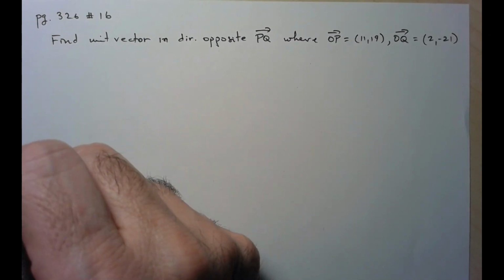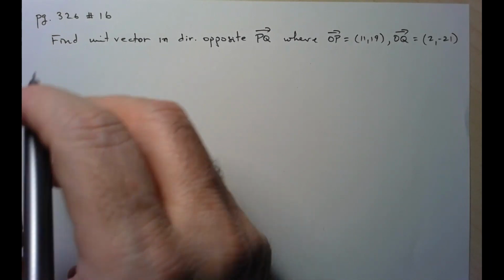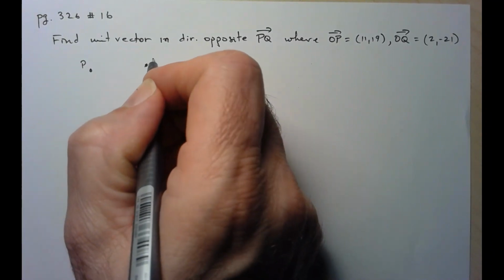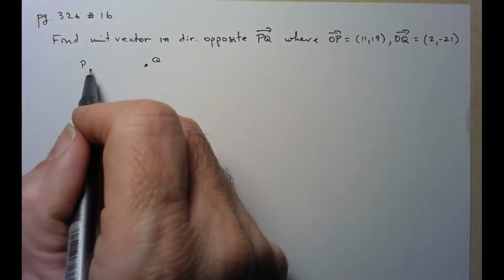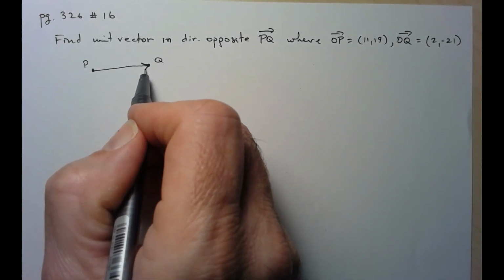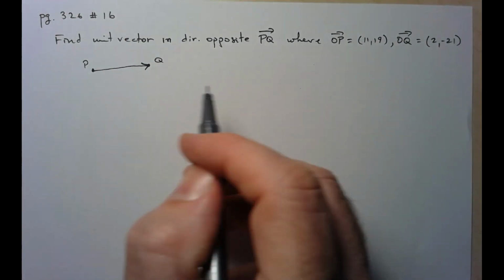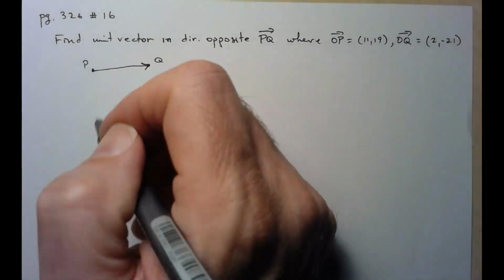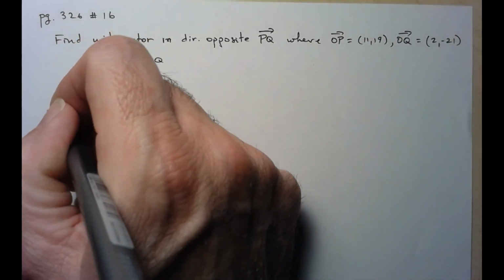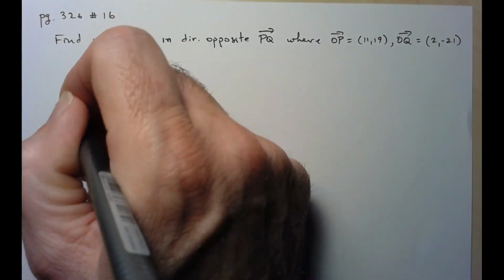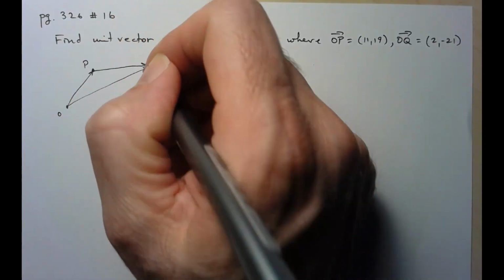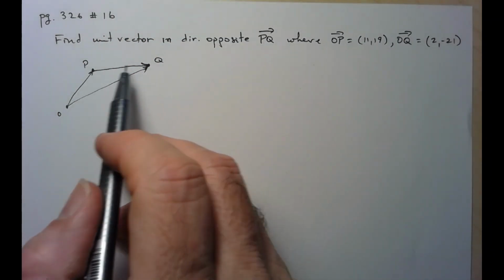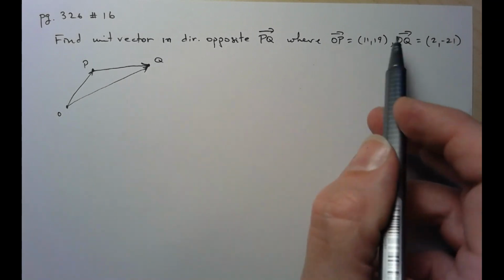Let's recall here, and I'm not going to bother drawing a Cartesian plane because I'm just going to use this as a reference. If I have point P and here I have point Q, and I'm looking for this vector as a guide. Of course, this is not the one I'm actually looking for, but let's recall how we determine this vector. If you imagine that you have your origin there, and there's your vector OP, and there's your vector OQ, this vector represents the subtraction of these two vectors.